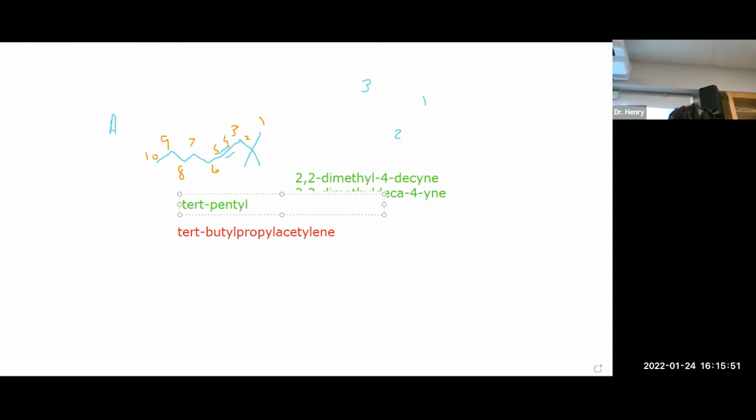Sorry, tert pentyl. And then on the other side, we have 1, 2, 3, 4, 5 carbons. Did I mess up on my counting? Okay, here.